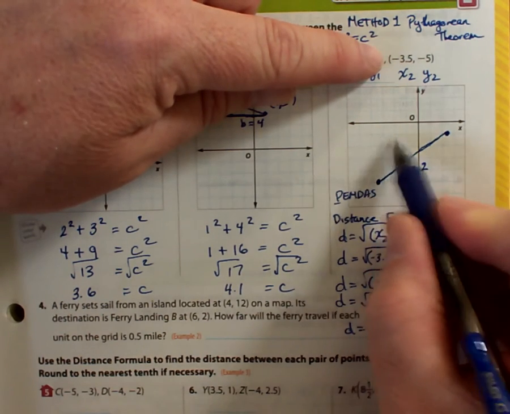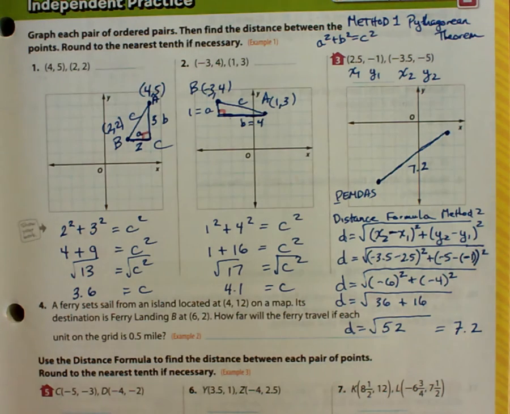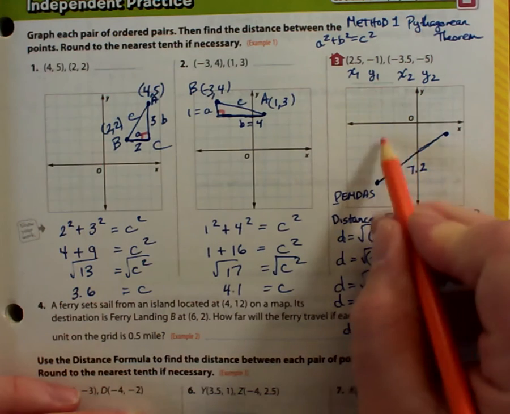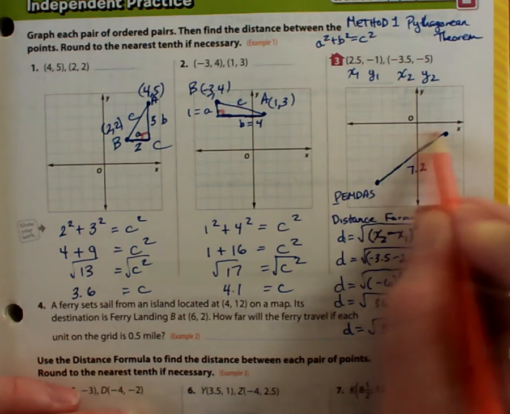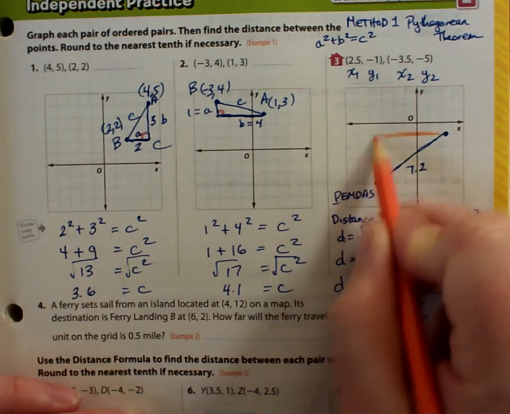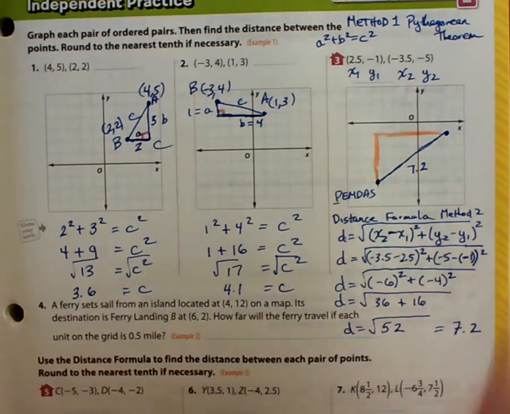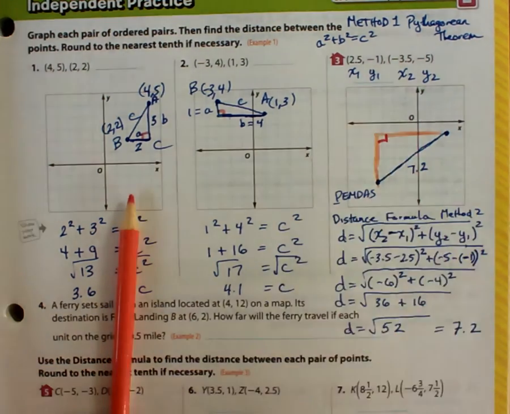Is it reasonable if I make a right triangle here? It's got to come down in the half spot, making a right angle there.